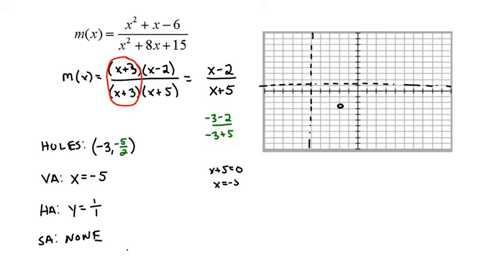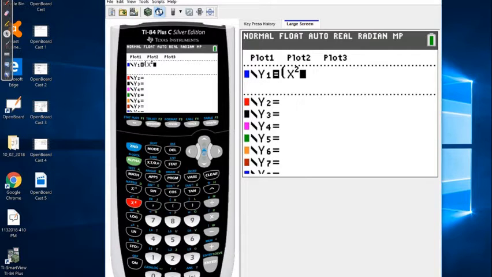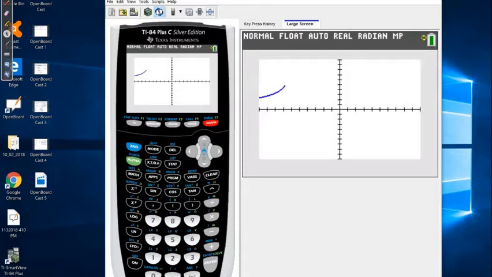So if I was graphing this on my graphing calculator, I would do x squared plus x minus 6 on top divided by x squared plus 8x plus 15 on bottom. I would hit graph and watch it come in, see what happens.